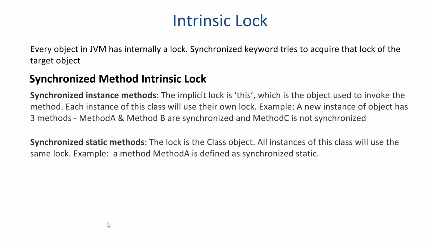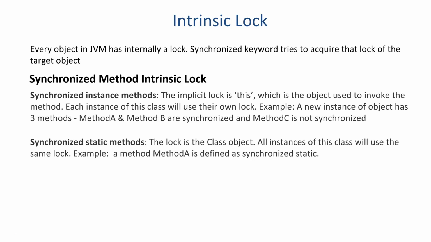Now, what is a synchronized static method? Once you have a static method declared as synchronized, then the lock is the class object, and all instances of this class will use the same lock. So in this case, the lock is at the class level.